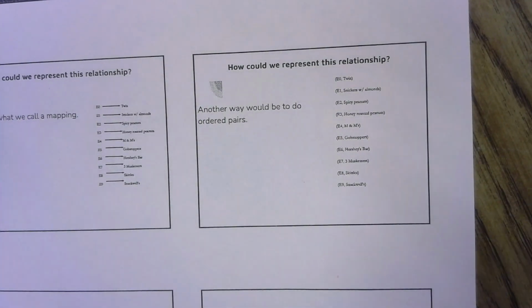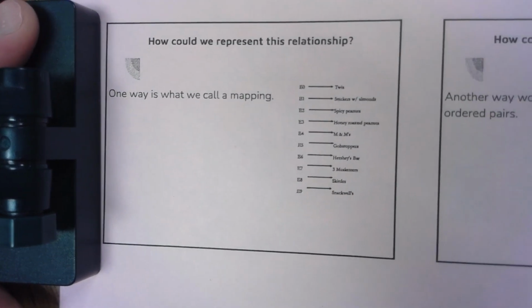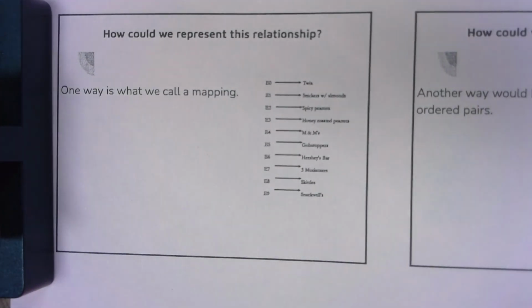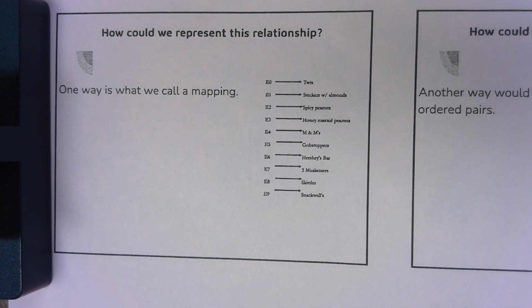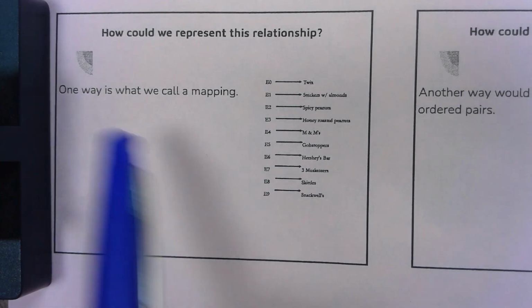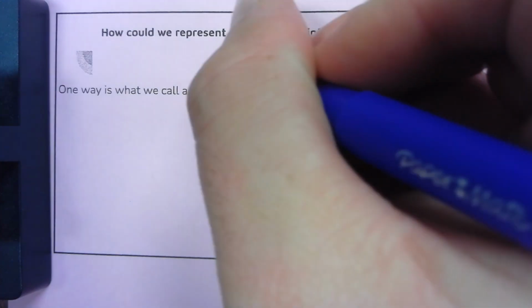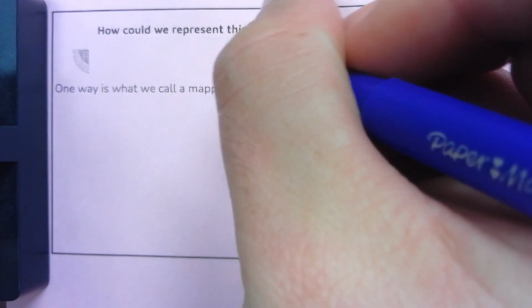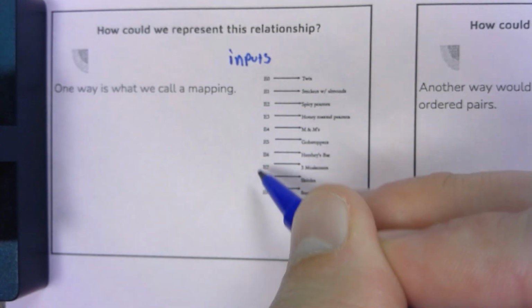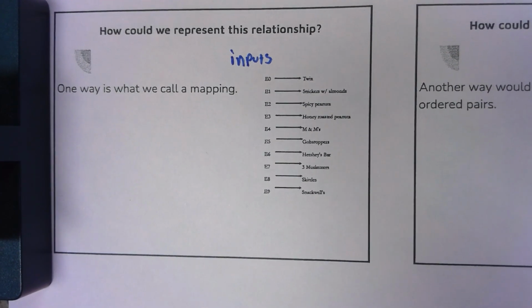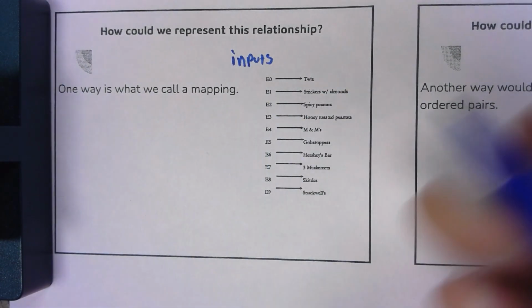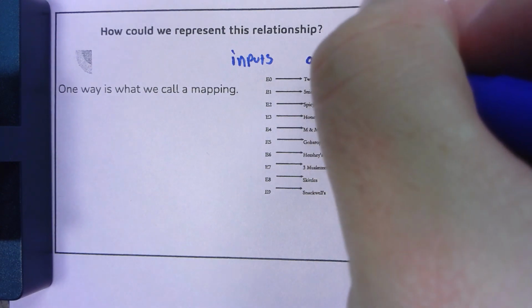To illustrate, right now these are called relations. I know the writing is super small. This is called a mapping diagram, where we have our list of inputs, whatever we would plug into the machine, and then based on what we plug in, we get corresponding outputs.